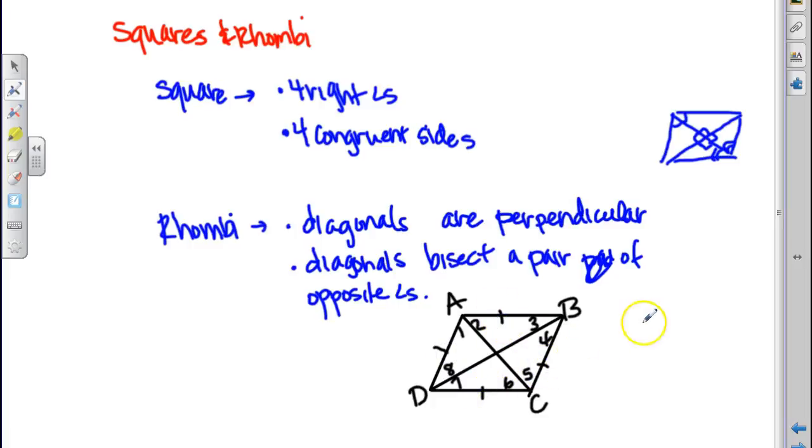All right, first question, which angle is congruent to angle 1? Or angles? Which angles, if this is a rhombus, are congruent to angle 1? Well, I know angles 1 and 2 are congruent to each other. Have any other ones?